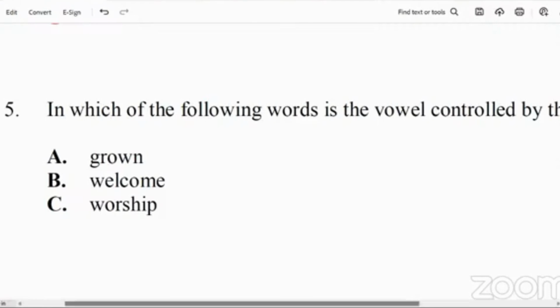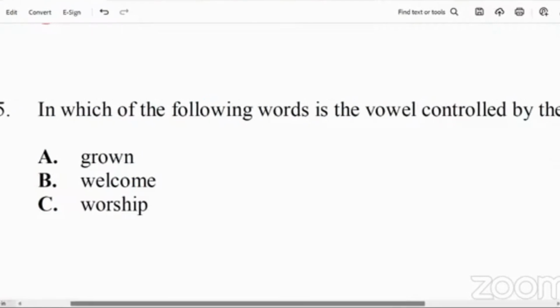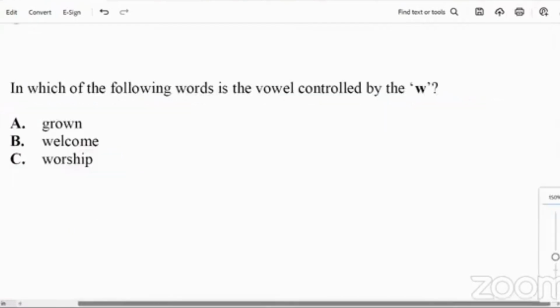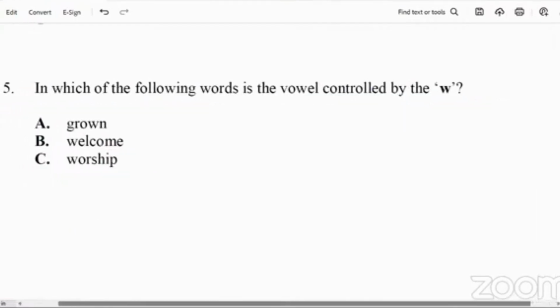All right, question 5. I have to make this a little bit smaller. In which of the following words is the vowel controlled by the W? A lot of you may be used to R-controlled vowels.